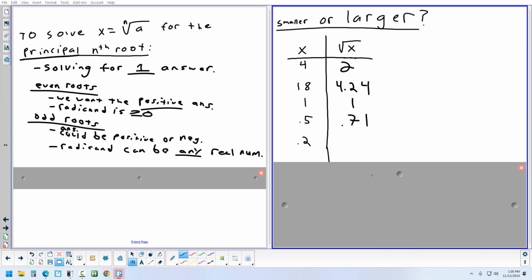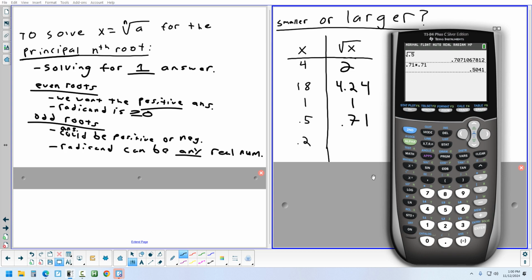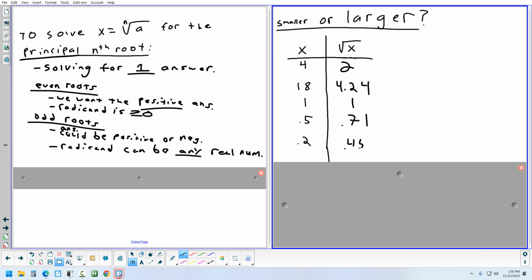Let's try the square root of 0.2. The square root of 0.2 comes out to 0.45. So to take the square root of 0.2, you have to multiply two numbers together that give you 0.2. So every number 1 and under is going to get larger? Yeah, it gets larger.